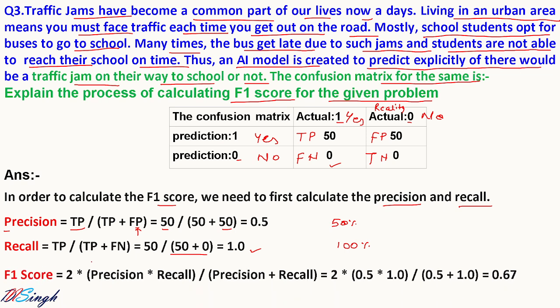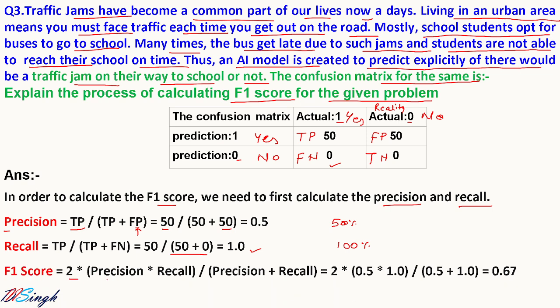Let us calculate the F1 score, and the F1 score is 2 into precision into recall by precision plus recall. So substitute the values here: 2 into 0.5 multiplied by 1.0, and then 0.5 plus 1.0. It will be 0.67. If the calculation is quite difficult for you, don't worry about it.